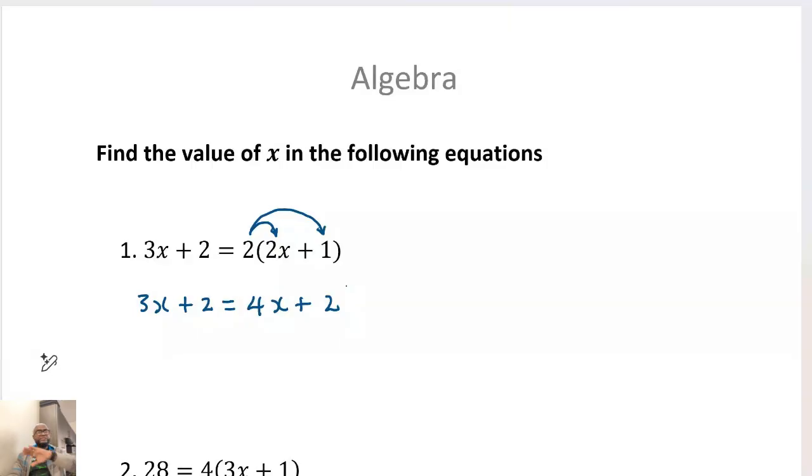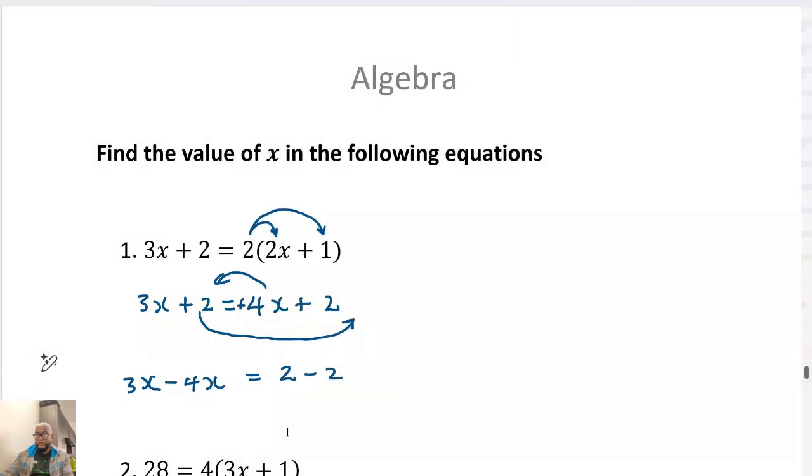And then from here it's just like what we were doing all along. You have to carry what? We carry this 4x here, right? This is plus 4x. What will it become when it goes to the left? And then this is plus 2. What will it become when it goes there? So this will be 3x minus 4x is equal to 2 minus 2, right?